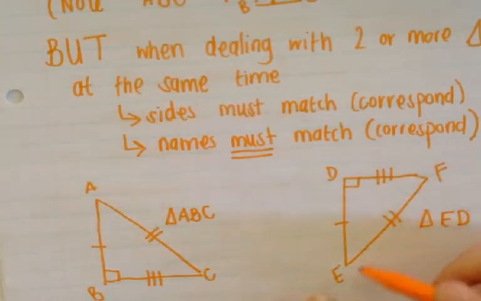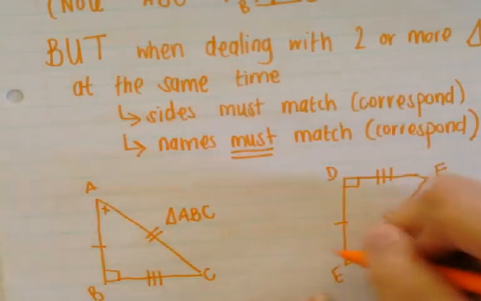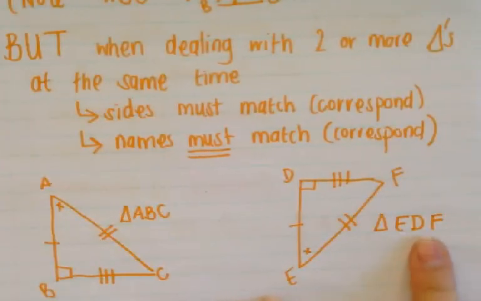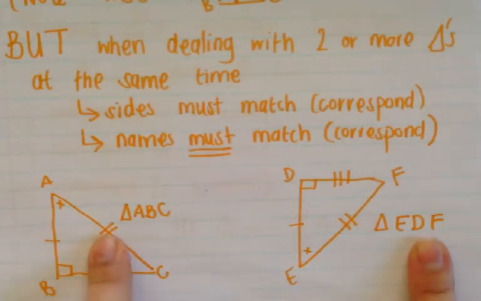EF is my hypotenuse. I already found E, therefore C corresponds to F. Can you see that that is not alphabetical order, but it is corresponding? They match 100%. So what did we do? We named the first one and then we matched the second one.